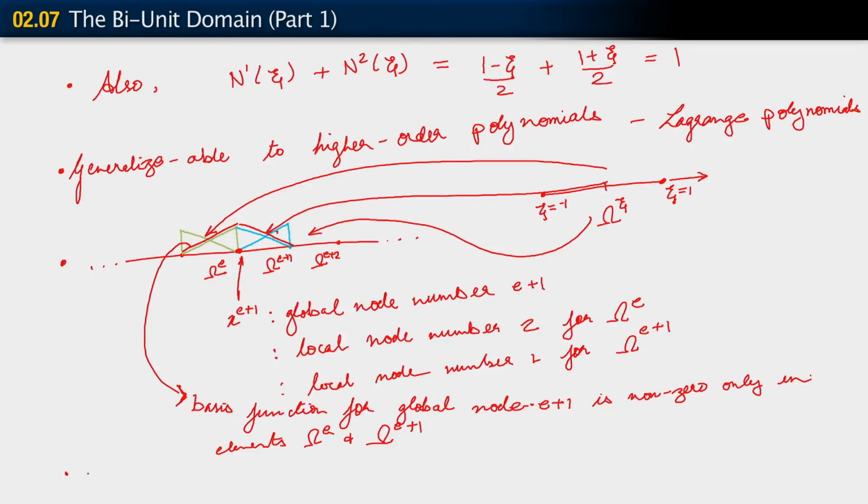So this property is referred to as local support, sorry, not local, it's called compact support property. Compact support of global basis functions.